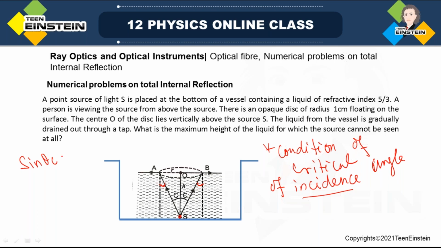By geometry you will get, because these are opposite angles, this also theta c, this also theta c, if this is theta c. Okay, so these are theta c, opposite angles.